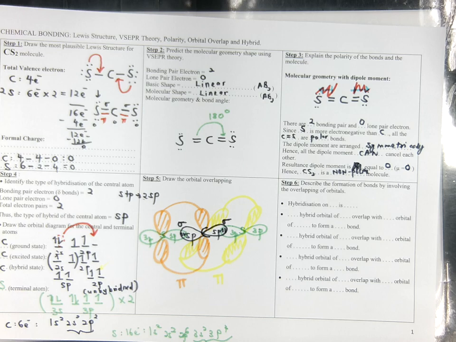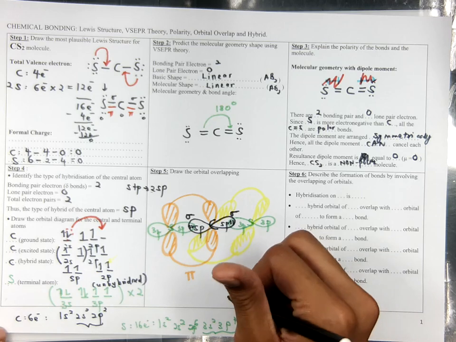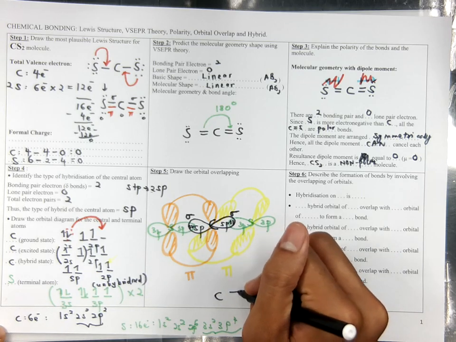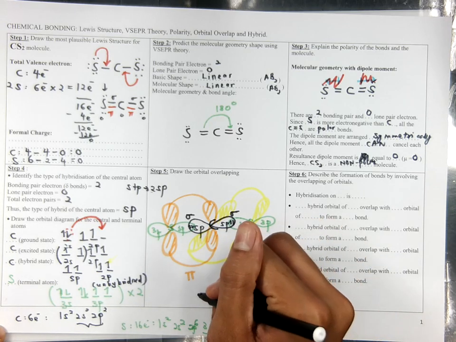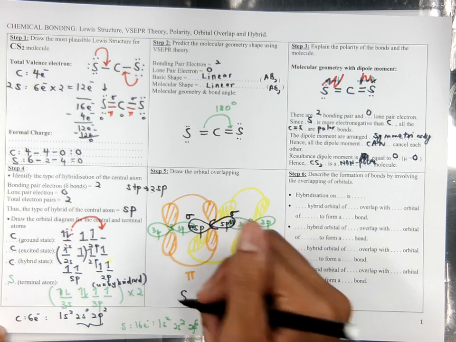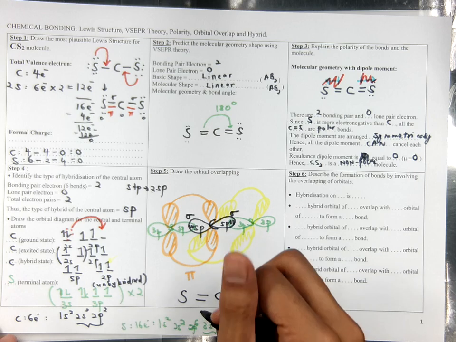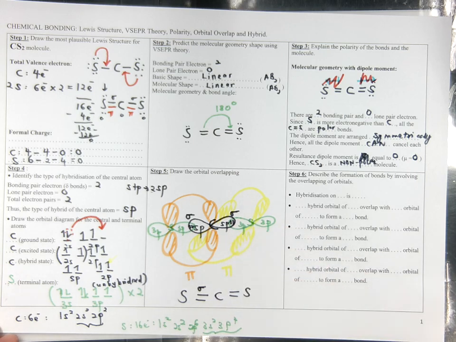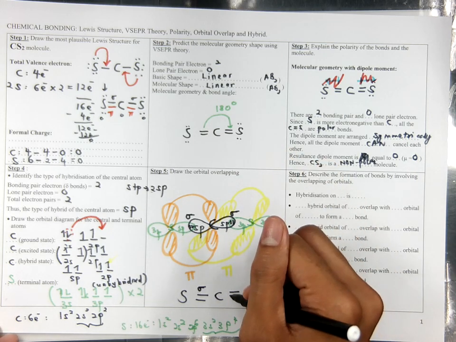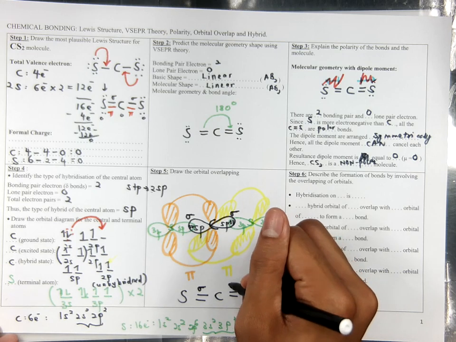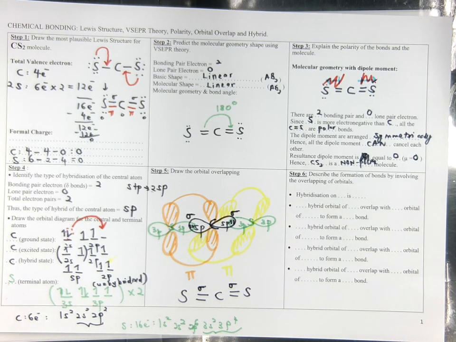Okay, as you can see, if I compare that with the Lewis structure, the orbital overlapping is consistent with my Lewis structure, where I get C double bond S and C double bond S. One will be used to form a sigma bond, and on the right hand side, one also will be used to form a sigma bond.